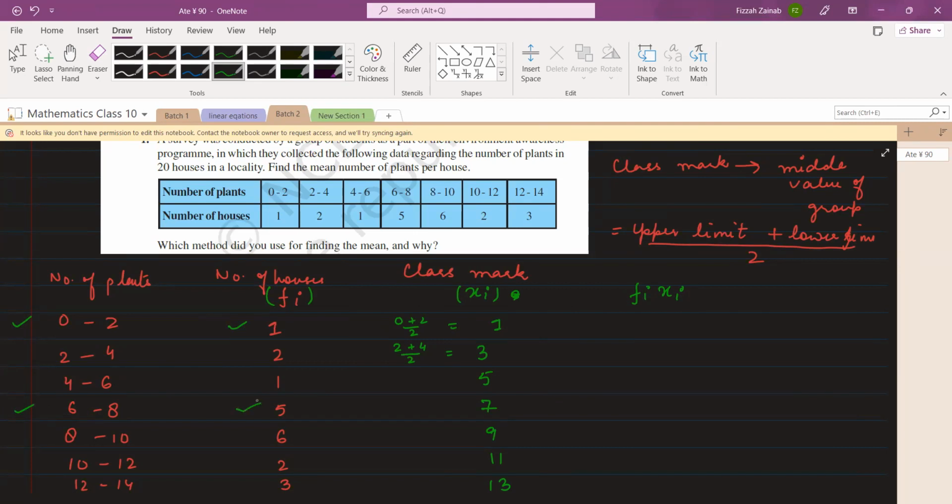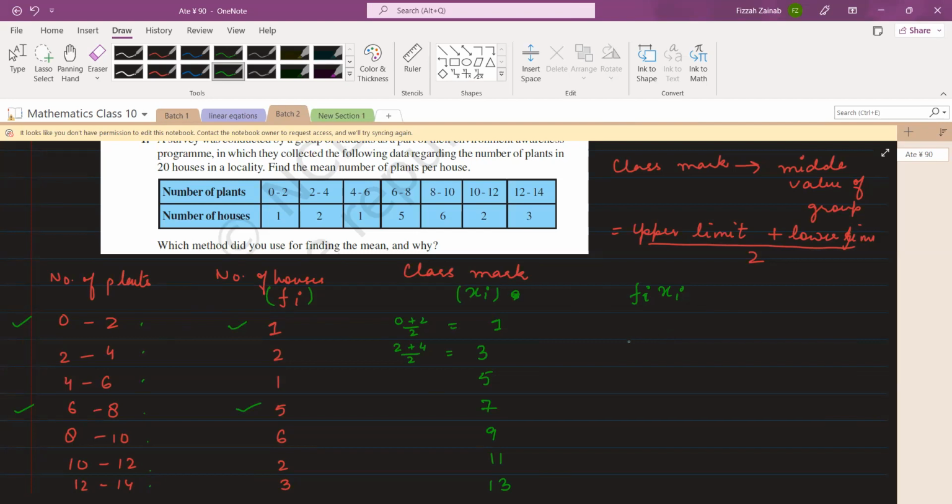You cannot multiply any other frequency. So this i has to be the same. This i can take up different values. How many values? 1, 2, 3, 4, 5, 6, 7. So basically up to 7 values it can take. But if you take f2, you have to multiply with x2. Got it? Yes, ma'am.